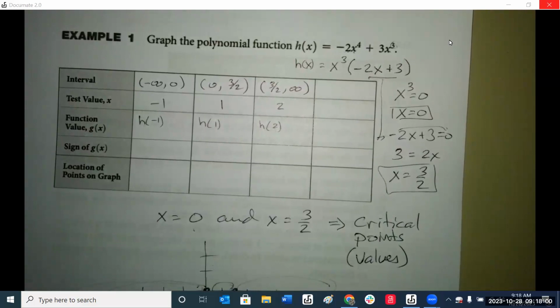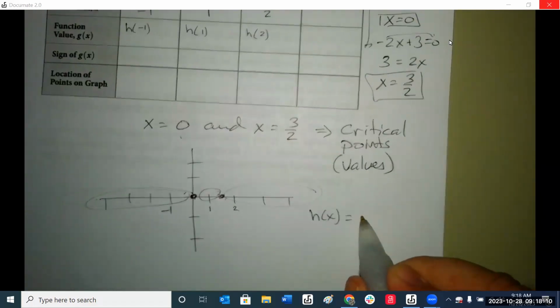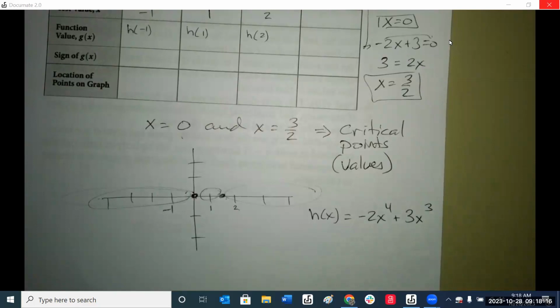But we already know what's going to happen. We know the x-intercepts. A is less than 0. It's -2. N is 4.